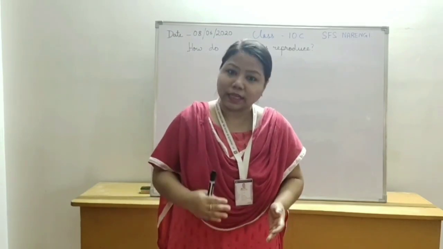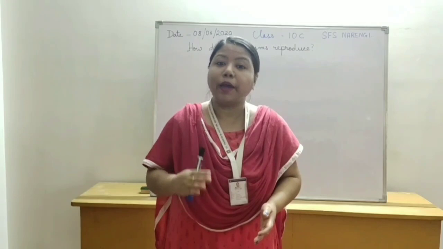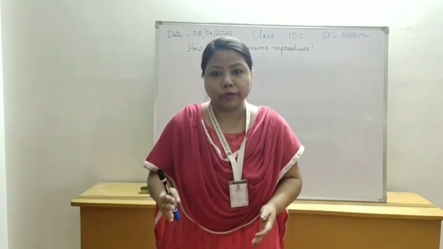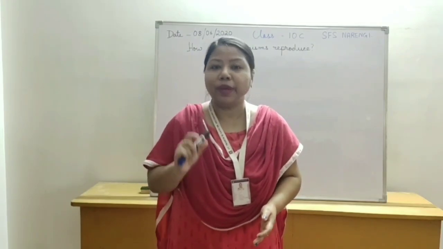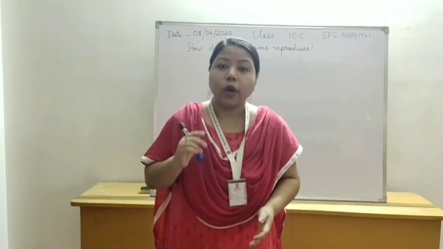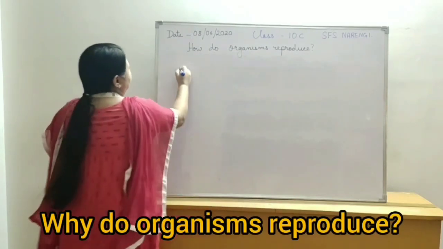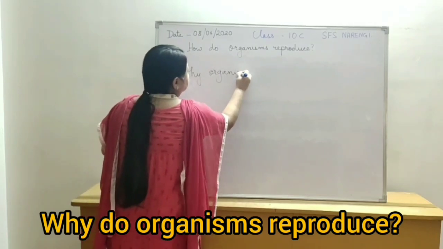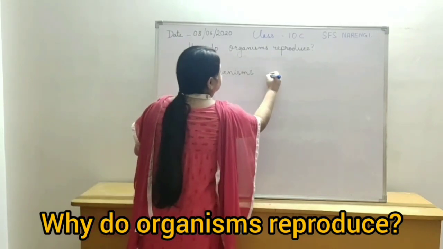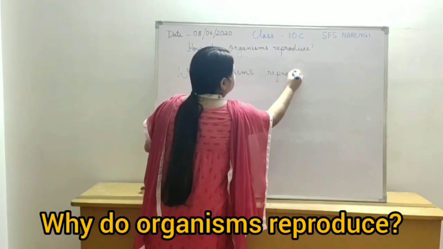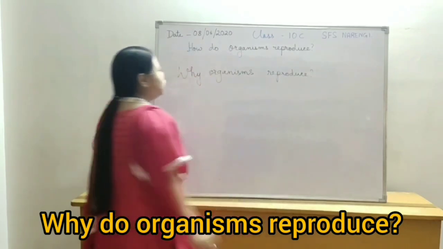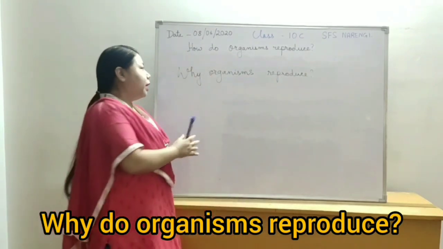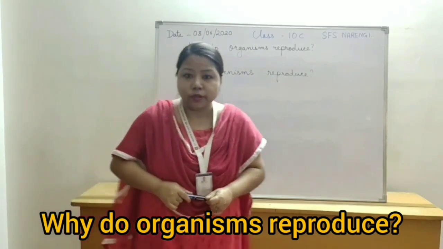But before we discuss the mechanism by which organisms reproduce, let us ask a very basic question, that is, why do organisms reproduce? This is a basic question which we need to ask.